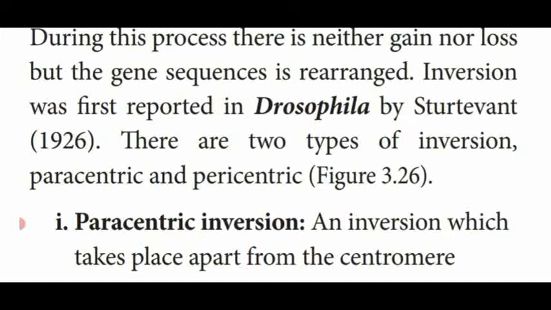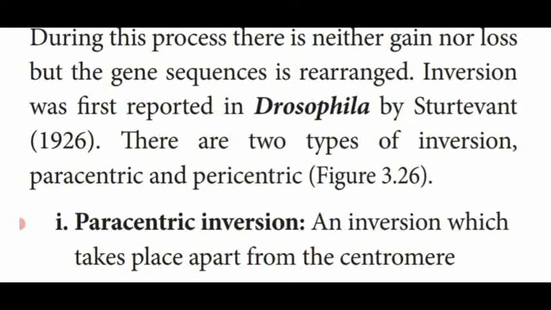Whether adding or deleting, there is no gain or loss, but the gene sequence is rearranged due to the break and reunion of the segments. This inversion was first reported in Drosophila by Sturtevant in the year 1926.